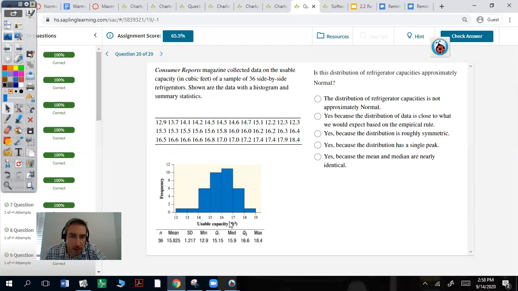The mean and median are a little bit off, so I'm not convinced they are normal, but they're not that far off. So this one's kind of tough. It's kind of tricky. I would lean toward it being normal, but I wouldn't say so just because it has a single peak. I mean, you could have a peak and then it'd be really flat on the outside, but it has a nice symmetric shape to it. So I'm likely to pick this one.